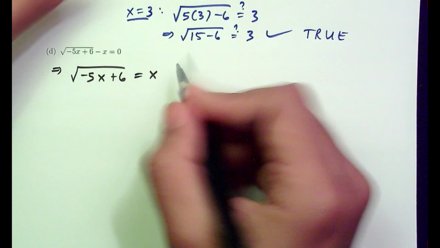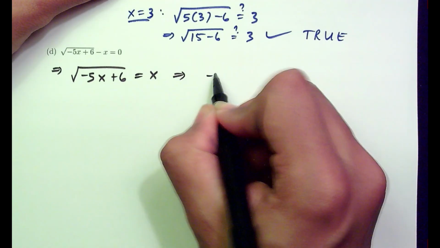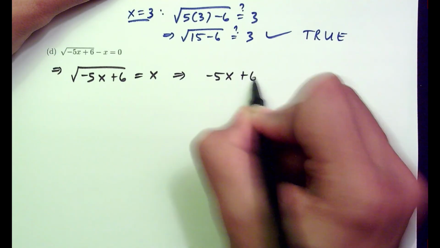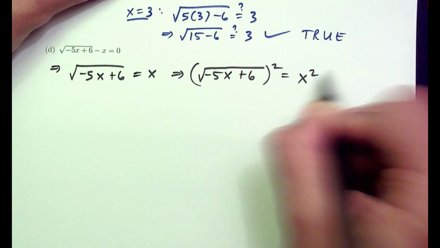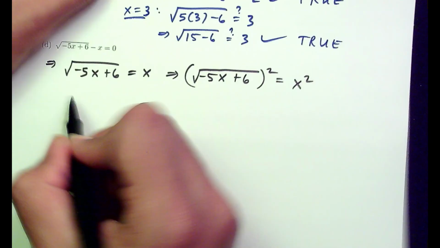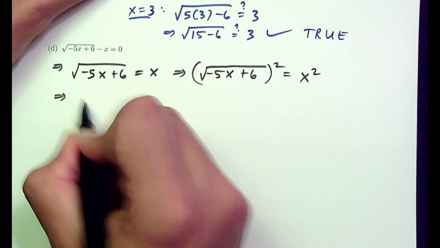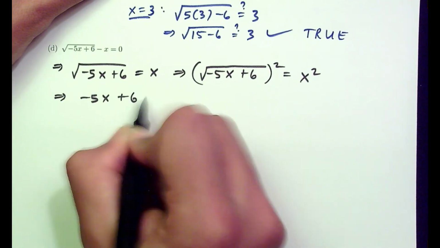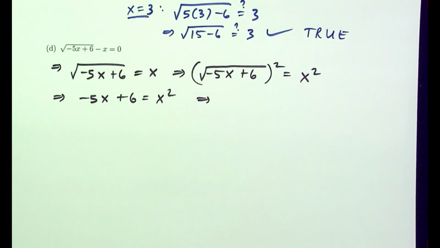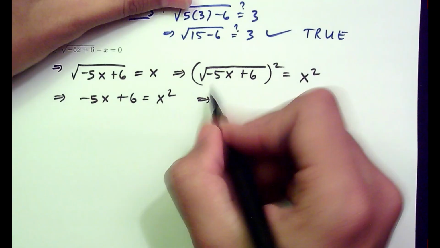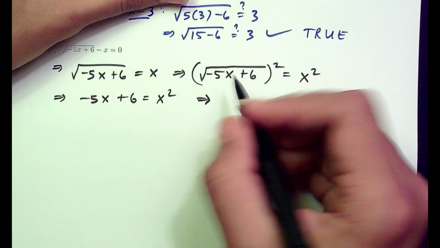Square both sides. That's what you get, which simplifies to negative 5x plus 6 equals x squared. Now solve this quadratic, whichever way you want.